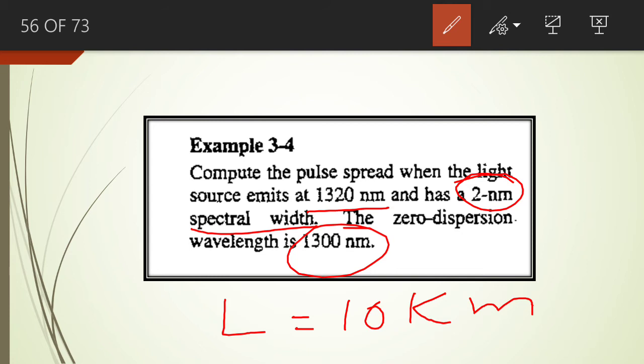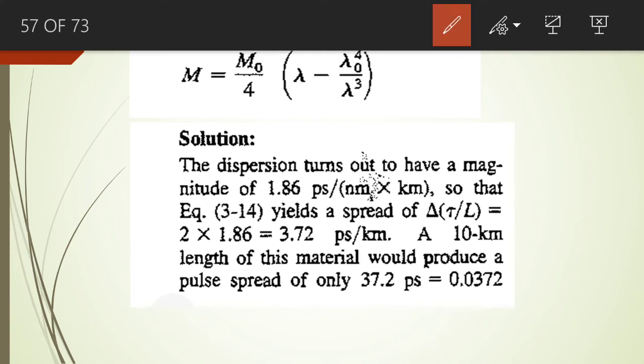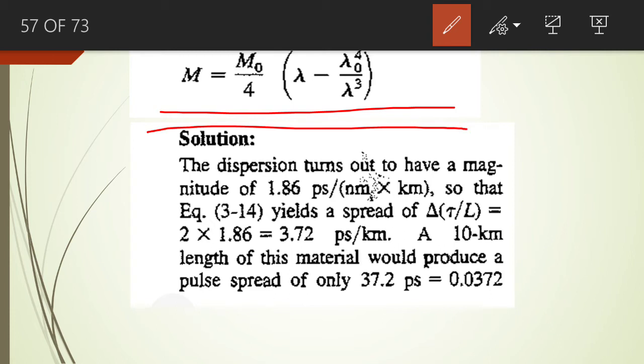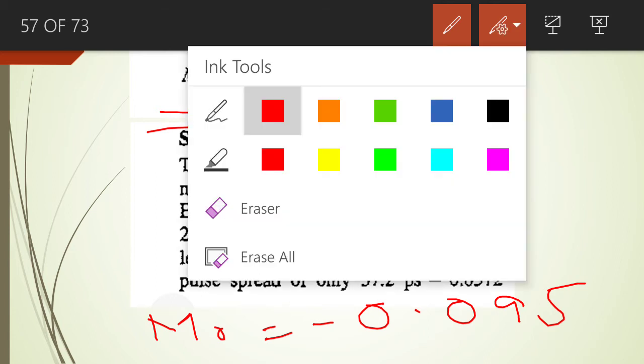We need the length to find out the total pulse spread in the information channel. Let us go to the next slide, and we will use this particular equation to find out the material dispersion first. In this equation, m naught is minus 0.095. Lambda is known, which is 1320.